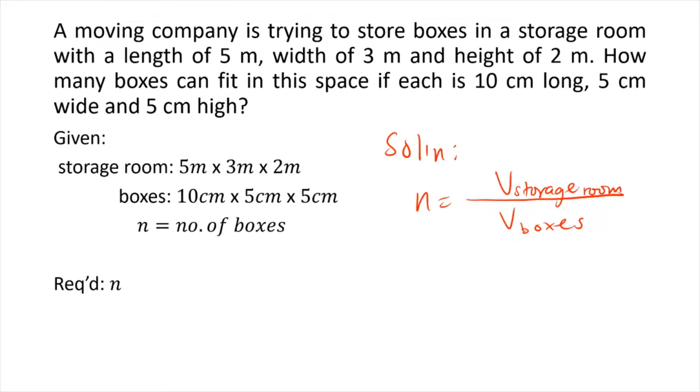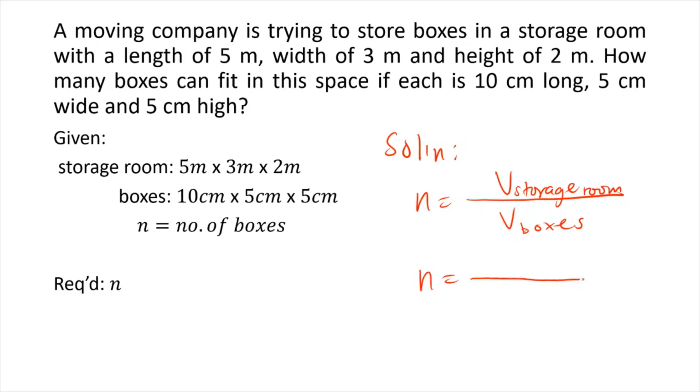However, if you look at the dimensions, the units again are not the same. So we can solve in terms of meters, or we can solve in terms of centimeters. Let's use centimeters. So we'll have to convert meters to centimeters using the conversion factor that for every meter, there are 100 centimeters.